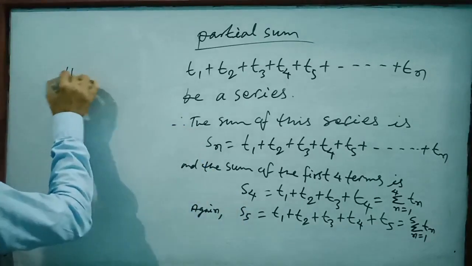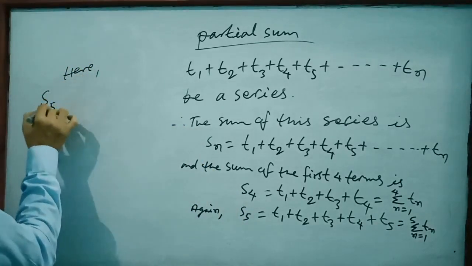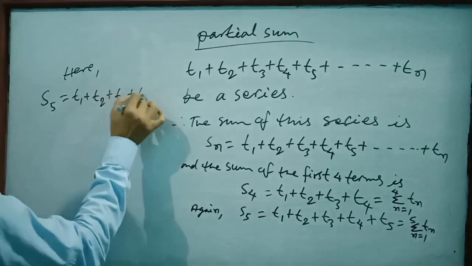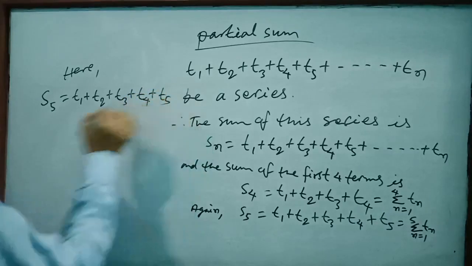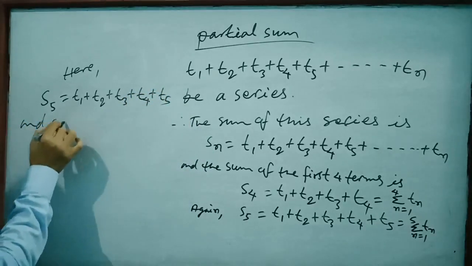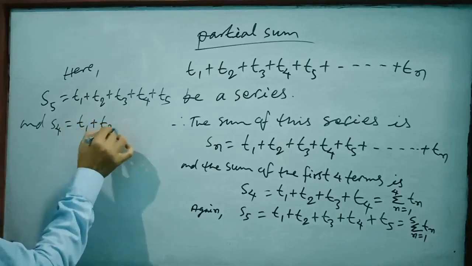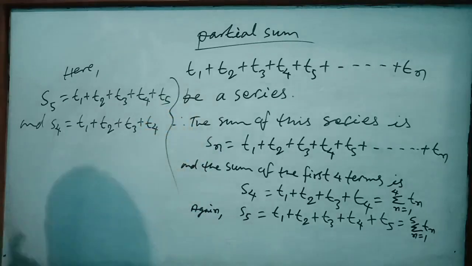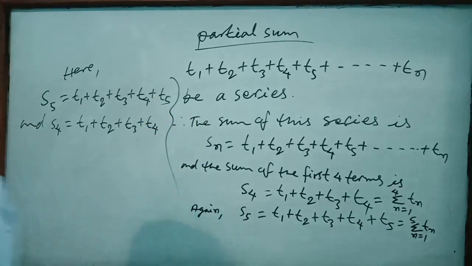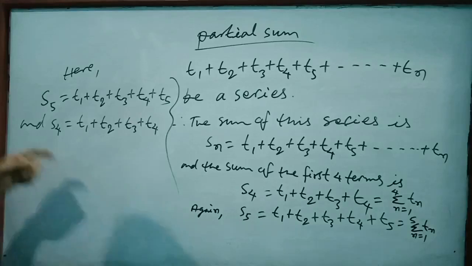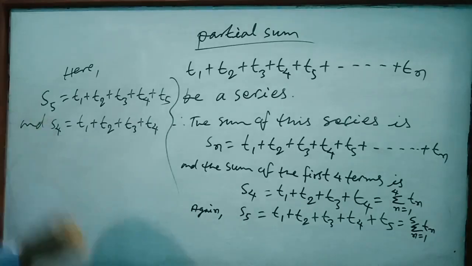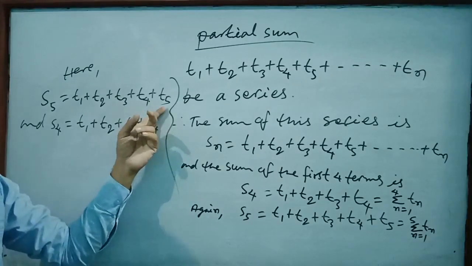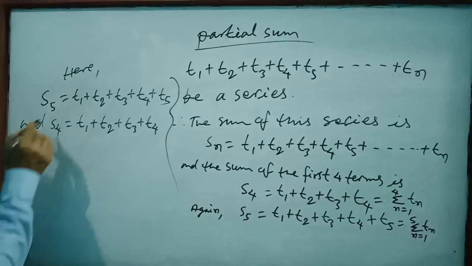Now let's see. Here given S5 equal to T1 plus T2 plus T3 plus T4 plus T5 and S4 equal to T1 plus T2 plus T3 plus T4. This one. Understood? Then when we subtract S4 from S5, then we get T5. You know? Okay. Let's see.